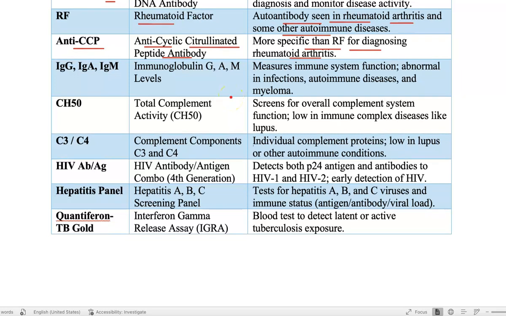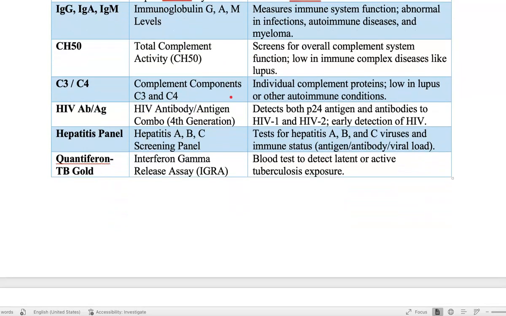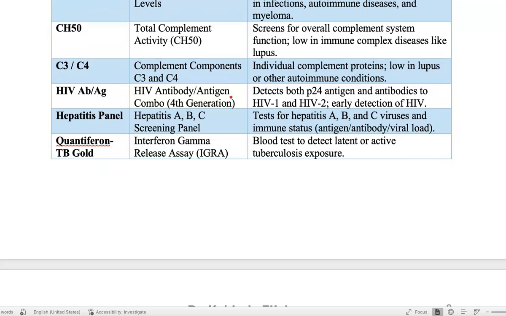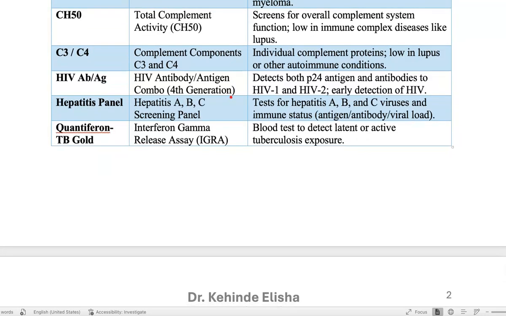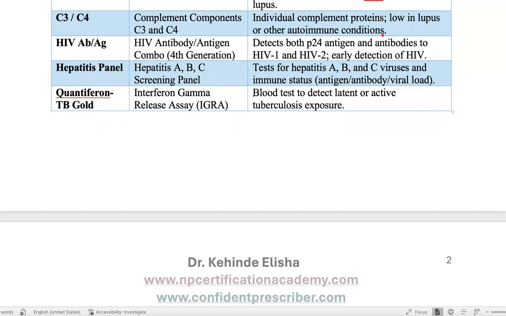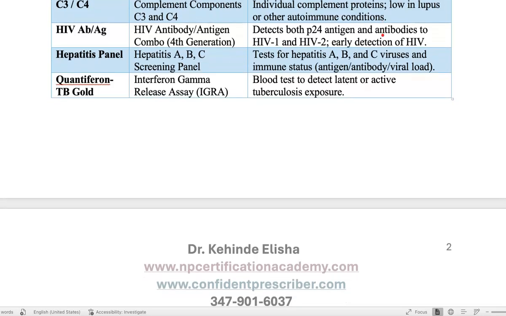It measures immune system function, abnormal in infections, autoimmune diseases, and myeloma. What about the CH50, total complement activity? Screens for overall complement system function, low in immune complex diseases like lupus. What about C3 and C4? Complement components C3 and C4, the individual complement proteins, low in lupus or other autoimmune conditions.